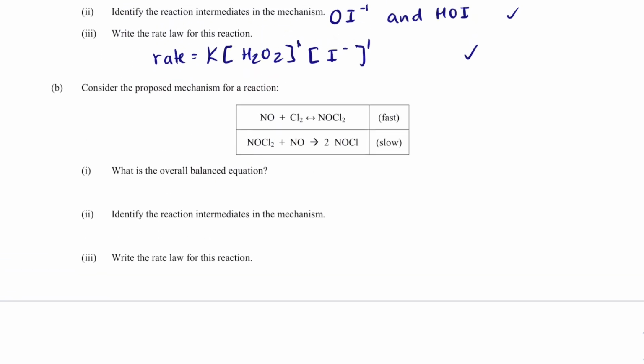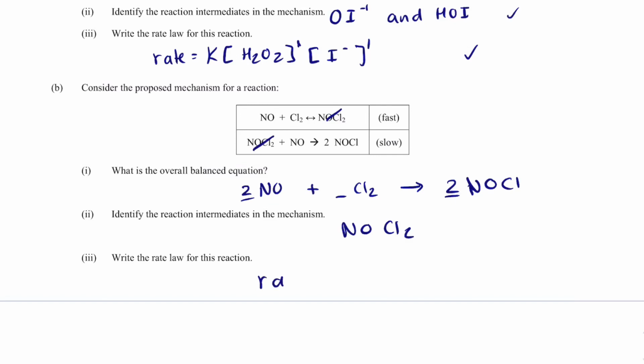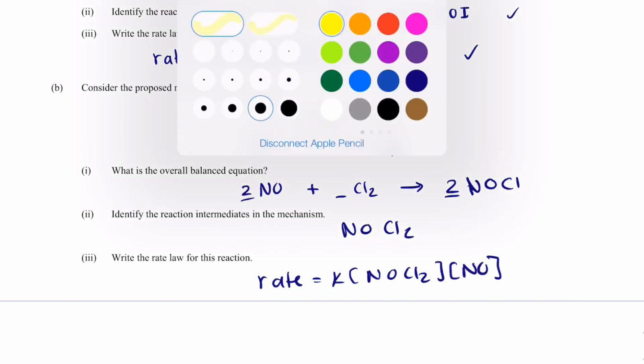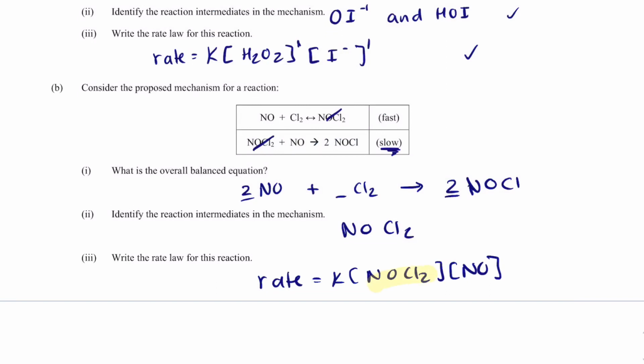In B, the overall balanced equation is 2NO plus Cl2 goes to 2NOCl, and our intermediate, of course, is NOCl2. But what makes this one different is when we write the rate law for the slow step, that's where the rate law comes from, we get [NOCl2] times [NO]. So what we need to do is see if we have an intermediate. NO is not an intermediate, so we're good. And then NOCl2 is not in my overall reaction, so it must be an intermediate.